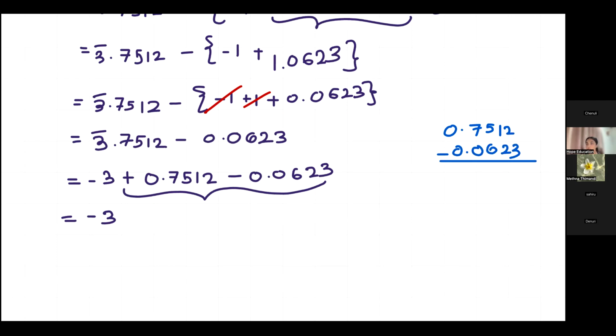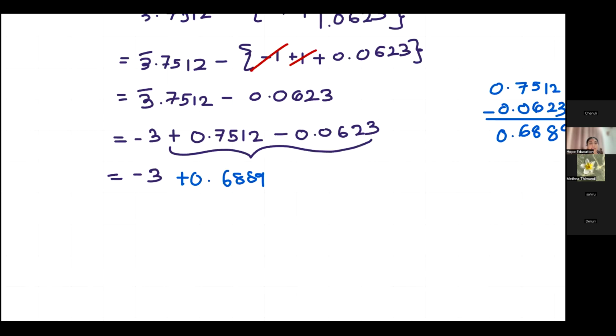12 minus 3 is 9, then with 1 away 0, 0 in 2 subtract borrow, then 10 in 2 subtract 8, 4 in 6 back, 14 minus 6 is 8, so we have plus 0.6889. Now we will combine both and write together.